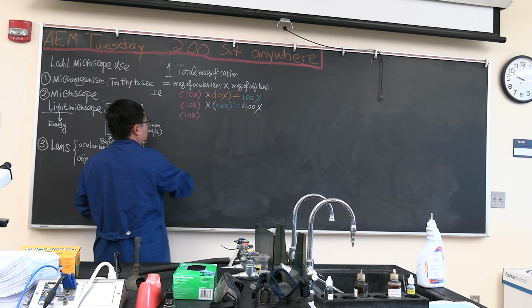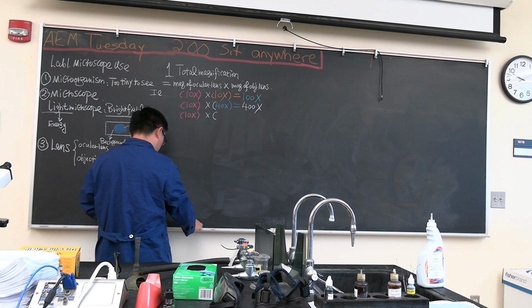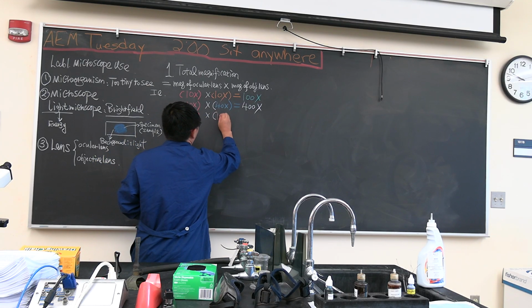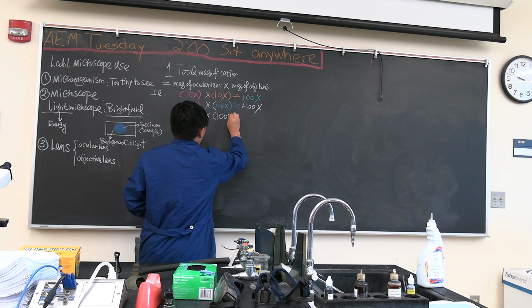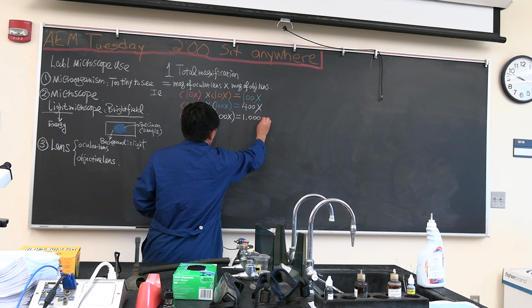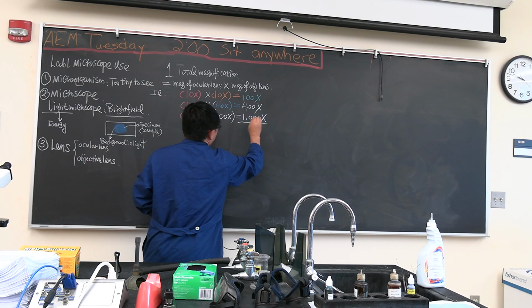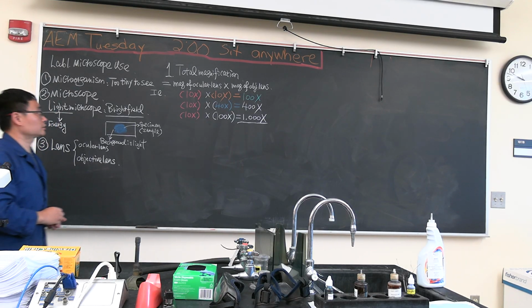The ocular lens is 10x and the objective lens is 100x. What's the total? 10 multiplied by 100 is 1000x. It's a very simple calculation.